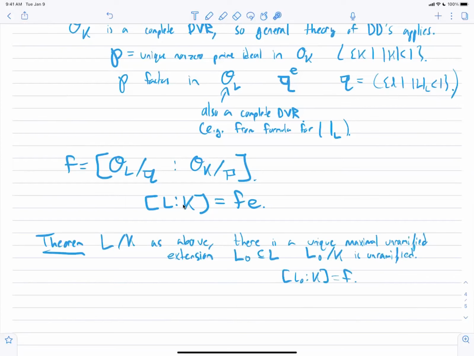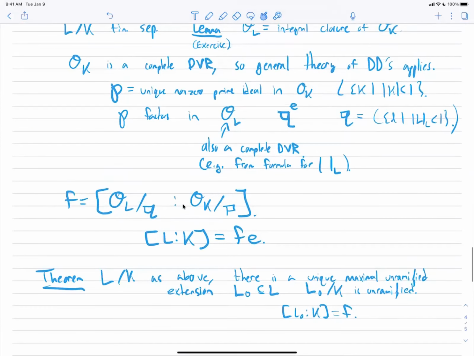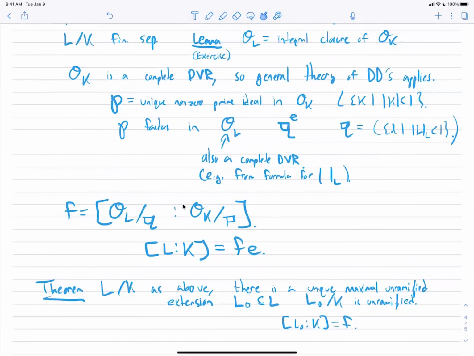And a simpler way is to look at the extension of the residue fields.